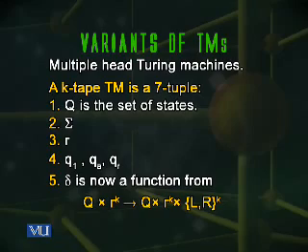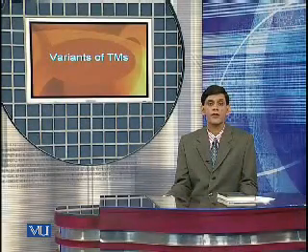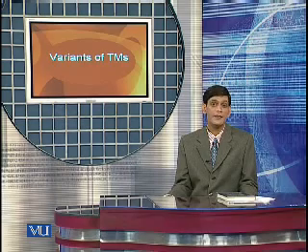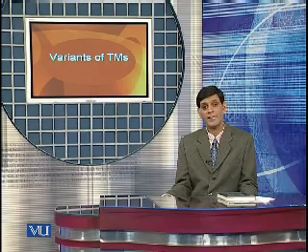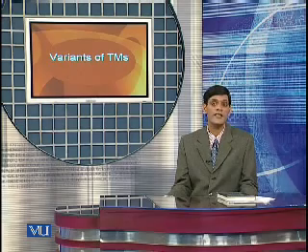head moves right. Another very interesting model of Turing machine is a Turing machine with a two-dimensional tape. This very interesting Turing machine was studied in Alan Turing's original paper. A Turing machine with a two-dimensional tape can be thought of as a Turing machine that is working, instead of on a tape, on a piece of paper.